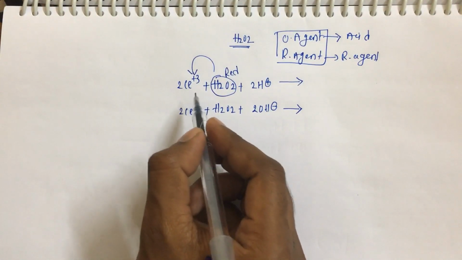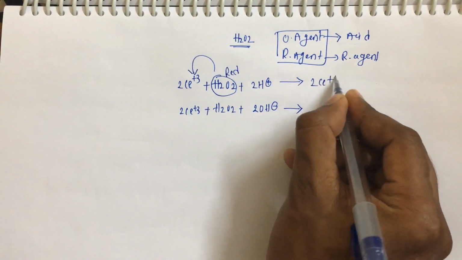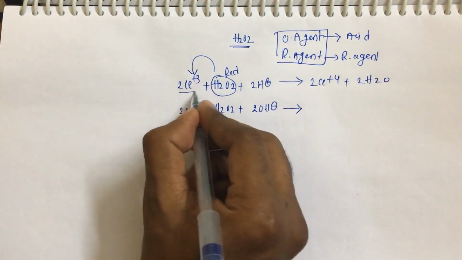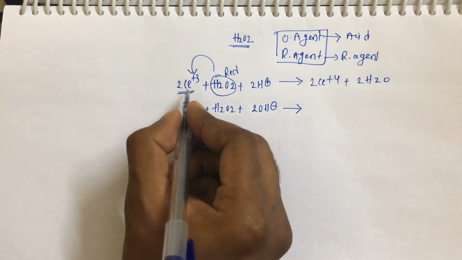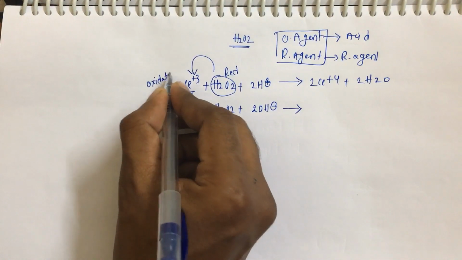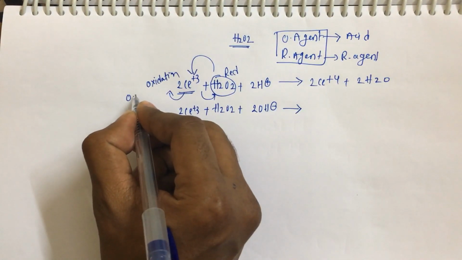Here cerium plus 3 is the oxidation state, and we get cerium plus 4 plus 2H2O. So in this reaction, what is the role of cerium? Cerium is getting oxidized and it is reducing others. Here cerium is a reducing agent.